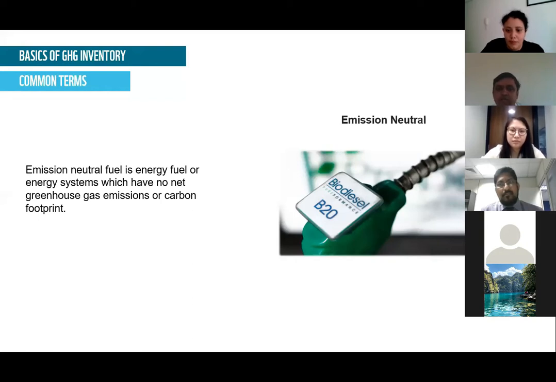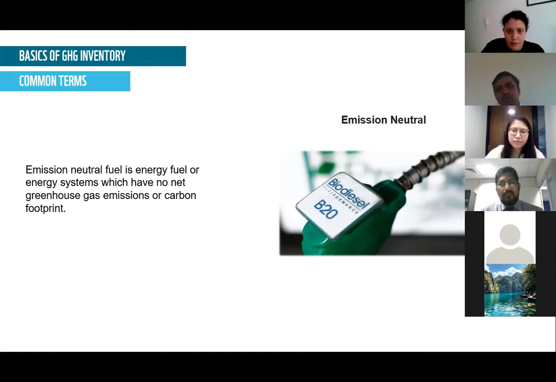Biodiesel is made from vegetable oil, and vegetable oil is made from seeds of plant origin. The plant absorbs CO2 and manufactures the seeds, and it has carbon sequestered in it, and from that we make vegetable oil that also has carbon sequestered in it.